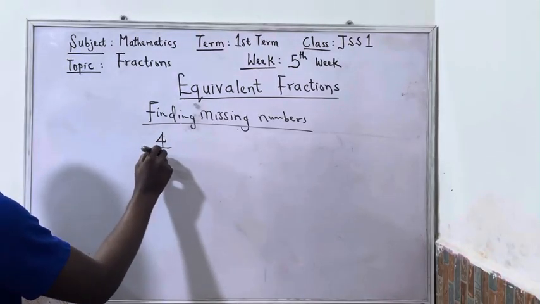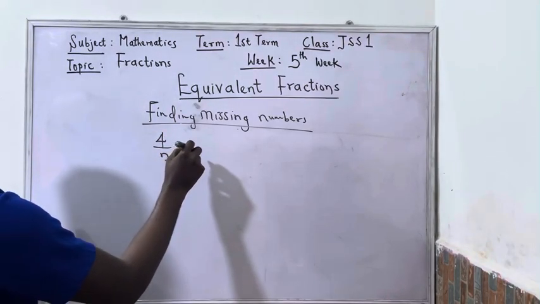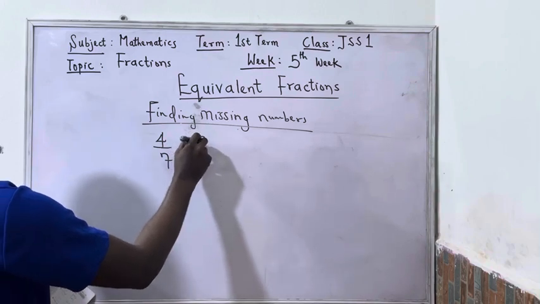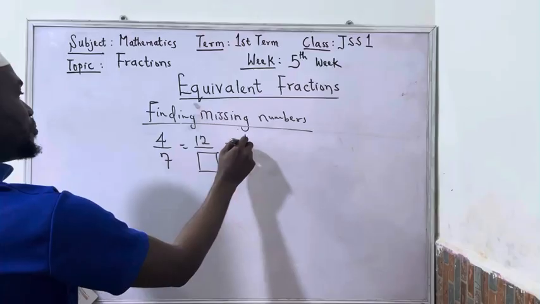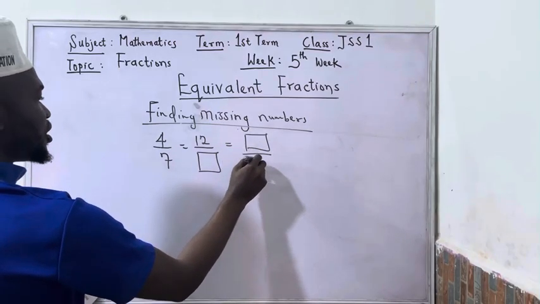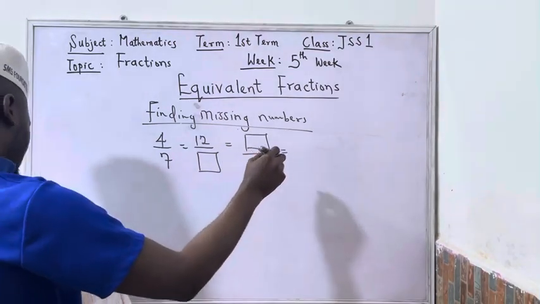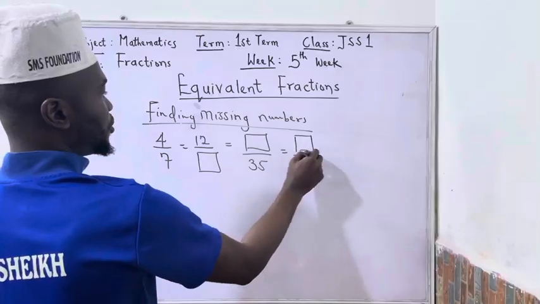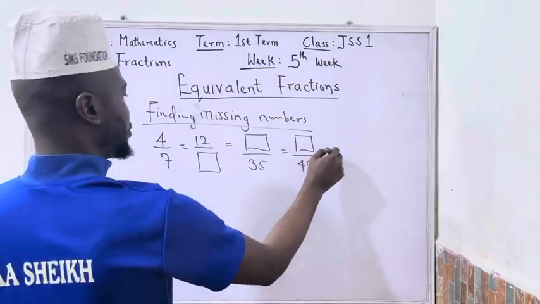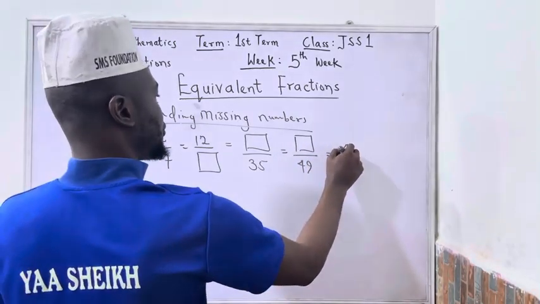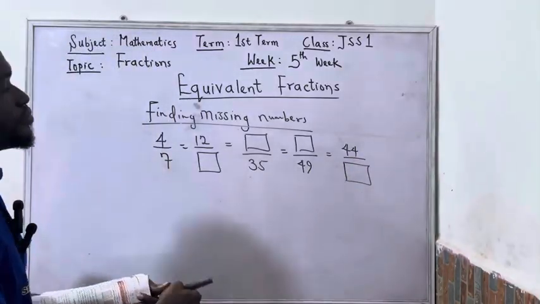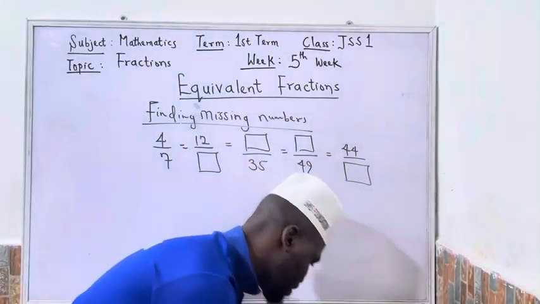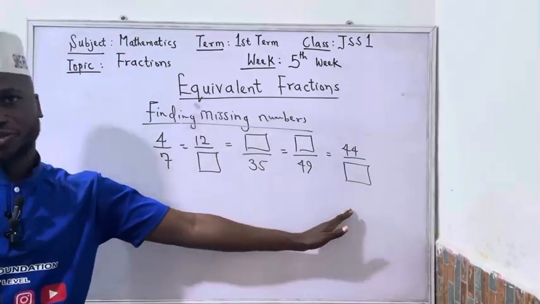You have 4 over 7 equal to 12 over box equal to box over 35 equal to box over 49 equal to 44 over box. Interesting. Now this is where you have to be very careful.